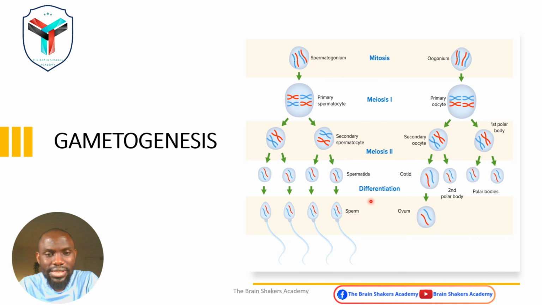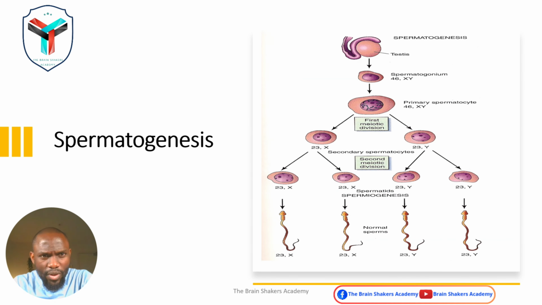Now let's look at the process of spermatozoa formation, or how the sperms themselves are actually formed. The sperms are formed through a process known as spermatogenesis, like we have already made mention. The formation of gametes in males only starts at puberty, and this is under the influence of the endocrine system, where we have the HPG axis, the hypothalamus-pituitary-gonadal axis.